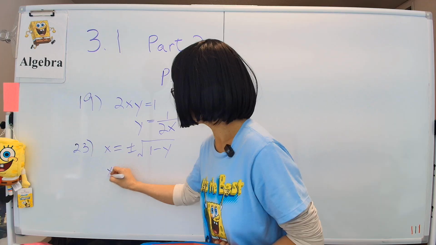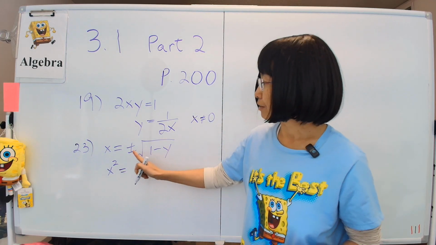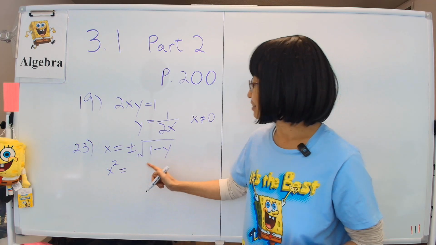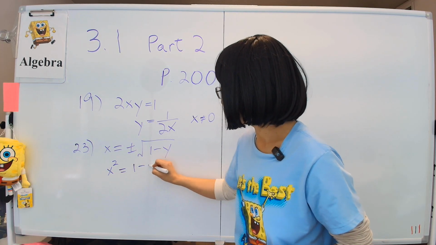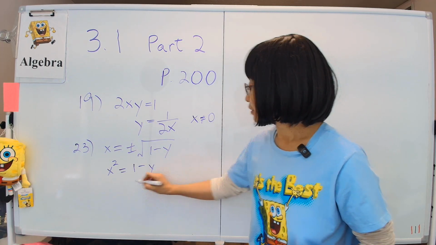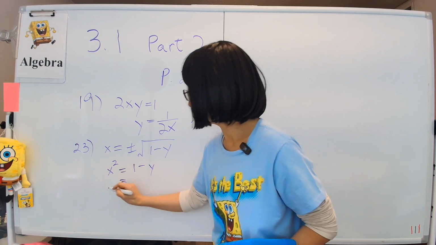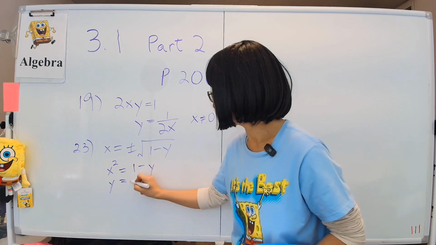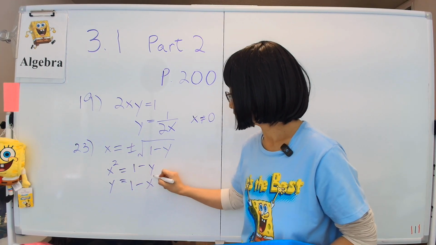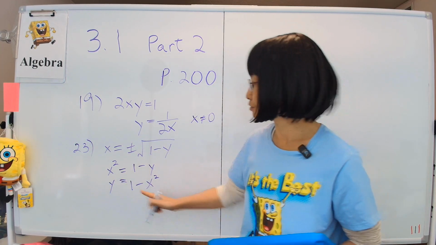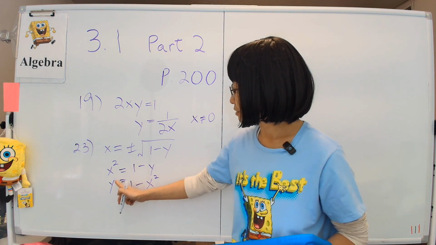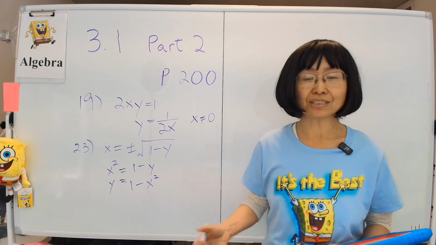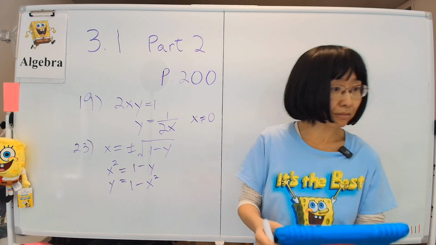Then it becomes x squared, and when you square something, both plus and negative become positive. So then we just have 1 minus y left. As a result, we can push the y to the other side, becomes positive because it has a negative sign there, and move the x squared to this side, so it becomes negative. Always change the sign when you move stuff across the equal sign. So this becomes y equal to 1 minus x squared, which is a function. So the answer is yes to problem 23.